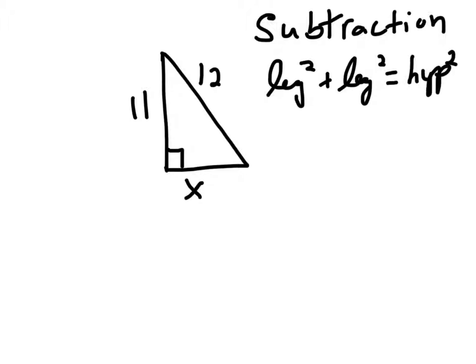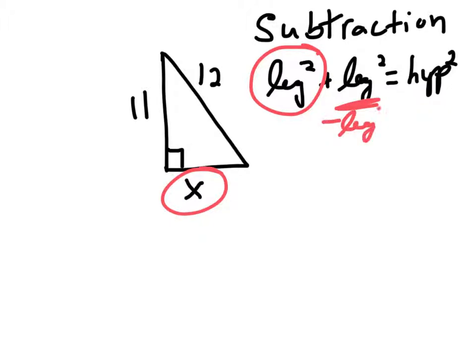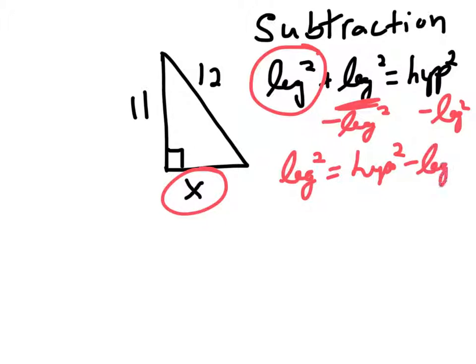Well, when I don't know one of the legs, like this one, the way you take care of that is you move this leg squared to the other side. So we subtract it, and you end up with the leg squared is equal to the hypotenuse squared minus the other leg squared.